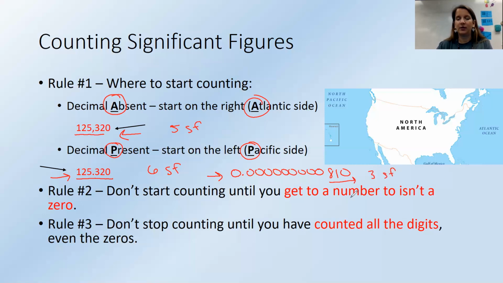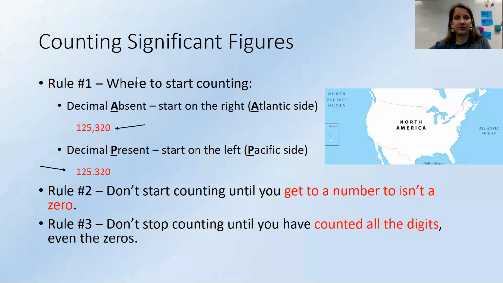Whereas if we had 810,000 million, billion, trillion, you start counting from the Atlantic side, the right side, because there's no decimal point present. You go to your first non-zero, you start counting and keep counting. So there's only 2 sig figs in this value.